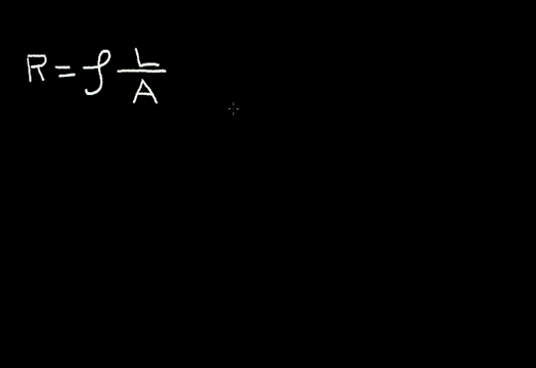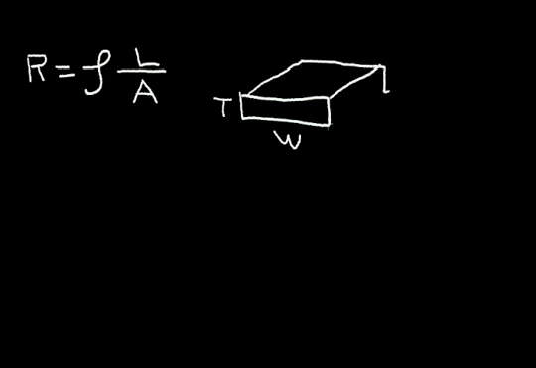Now, if I have a thin sheet of material with a thickness that I'll call T, and a width that I'll call W, and a length that I'll call L. This is the length. Now the length is always in the direction of the current flow. So in this resistance material, the current is flowing in this direction.